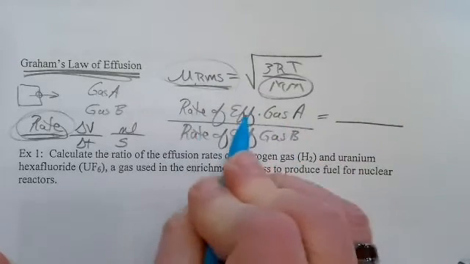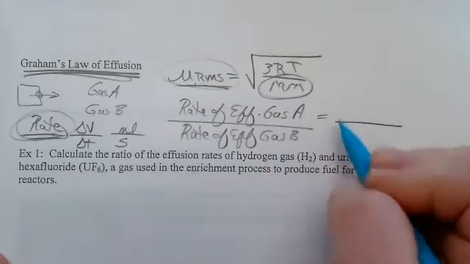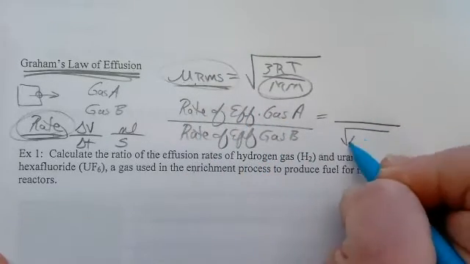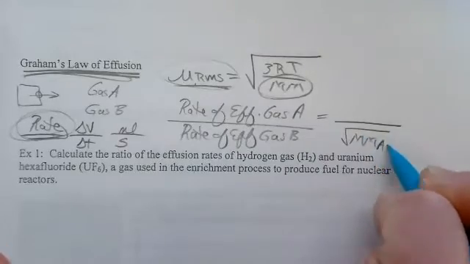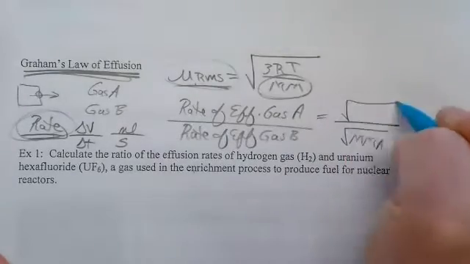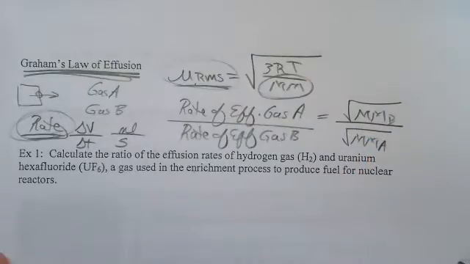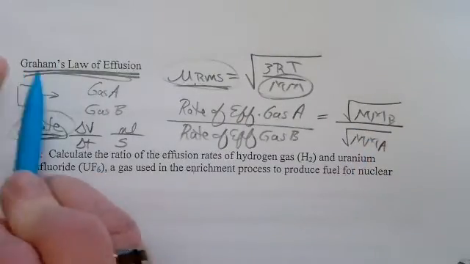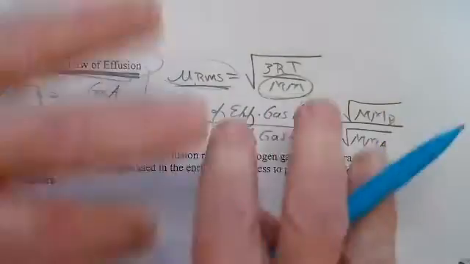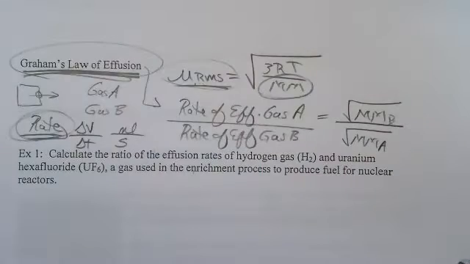So the rate of effusion of gas A will be inversely proportional to the molar mass of A square root, and then molar mass of gas B in the numerator. So again, Graham's law of effusion, we are comparing the movement between two gases.